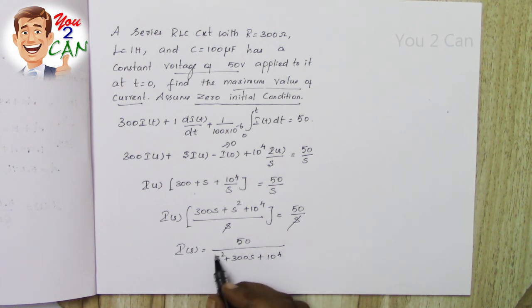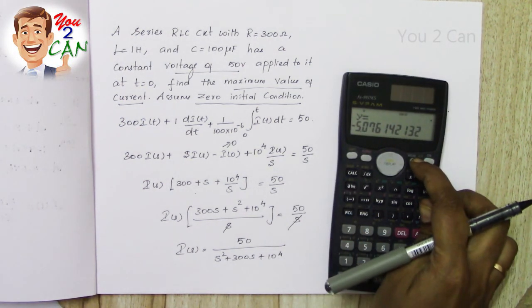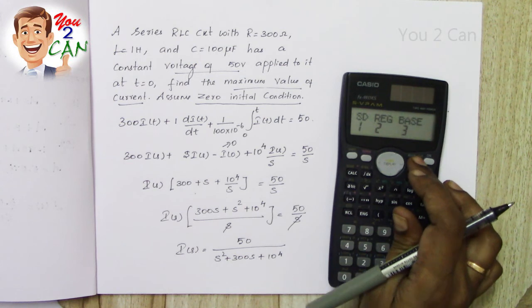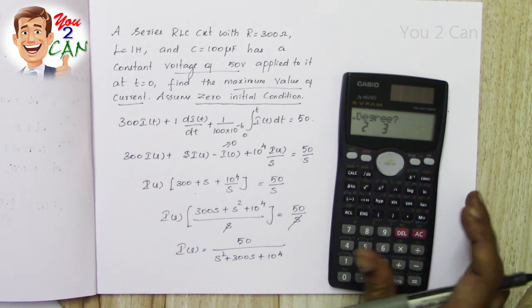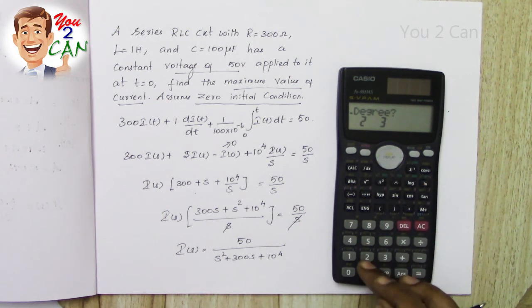So this is the equation. You have to find the roots of the denominator equation using the calculator. Take the equation mode, go for degree. Here it is a second degree equation, so 2.